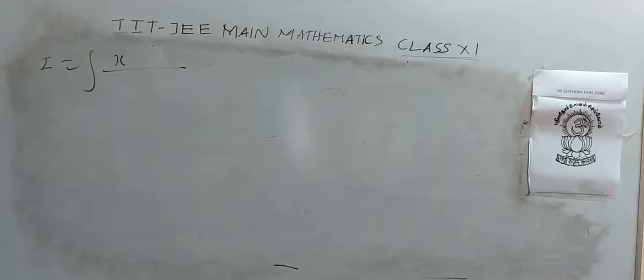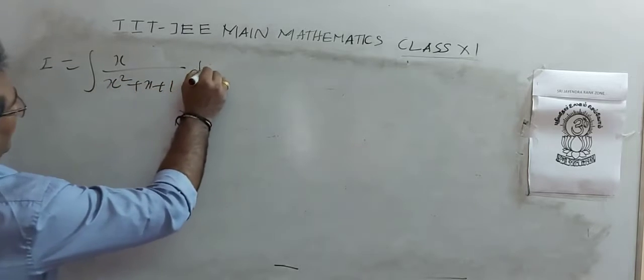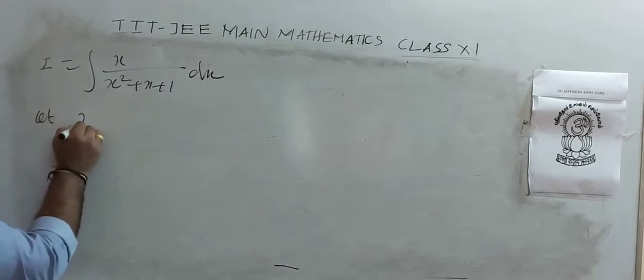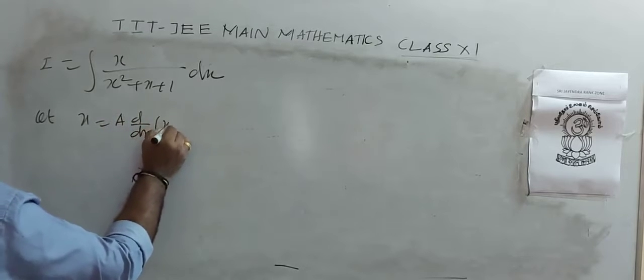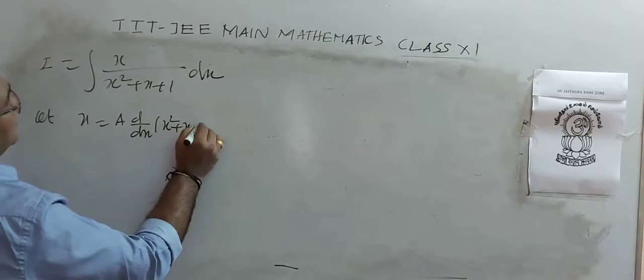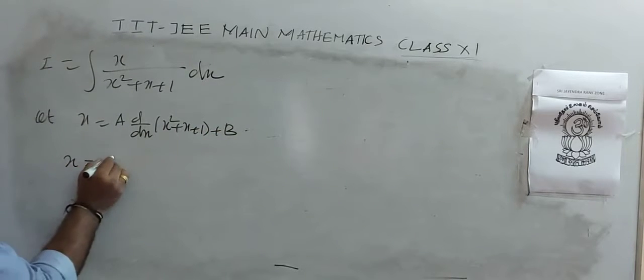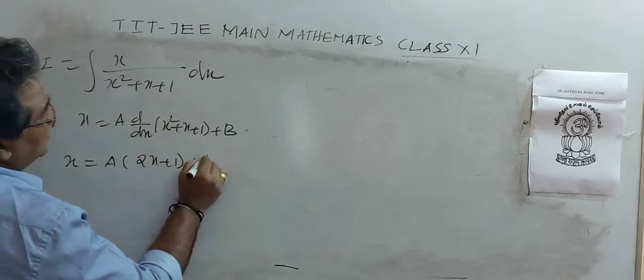x by x² + x + 1 dx. Let x equal a into d/dx of (x² + x + 1) plus b. x equals a into, if you differentiate, 2x + 1, plus b.